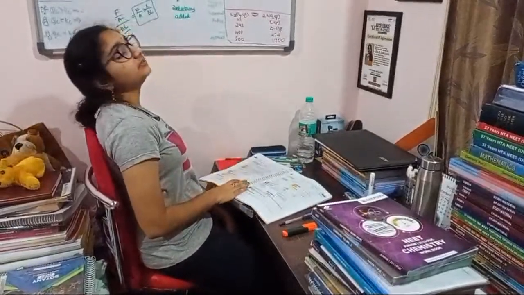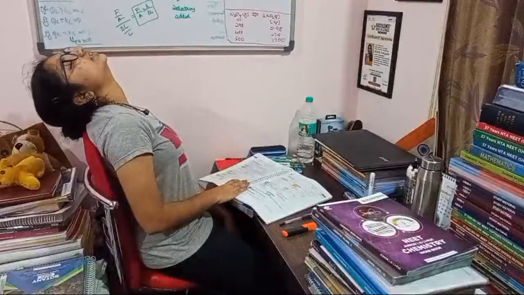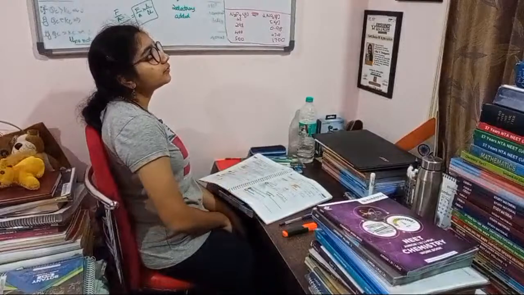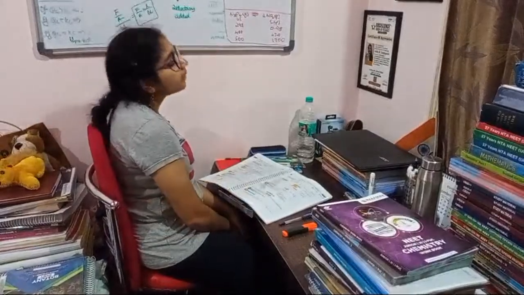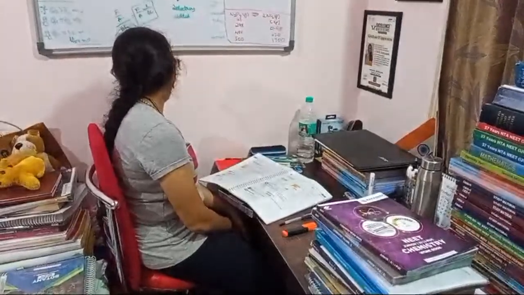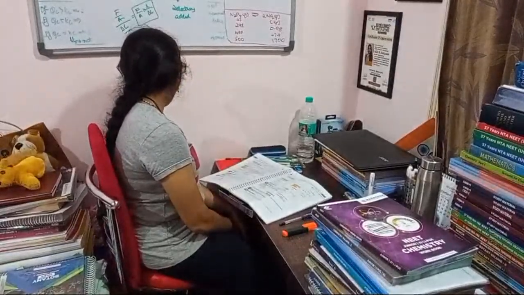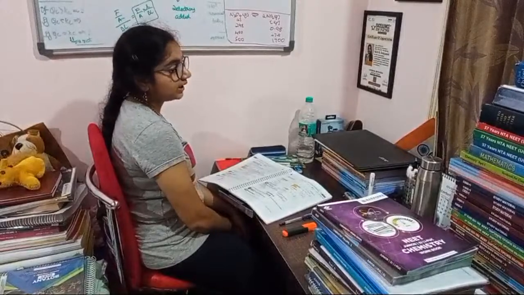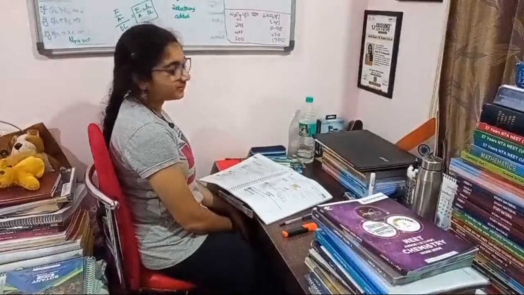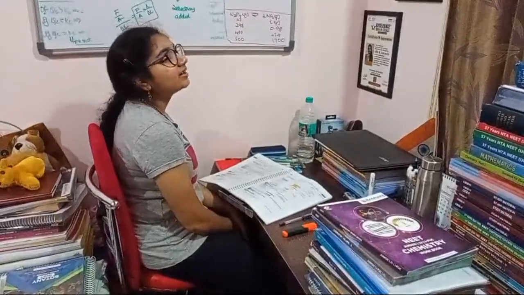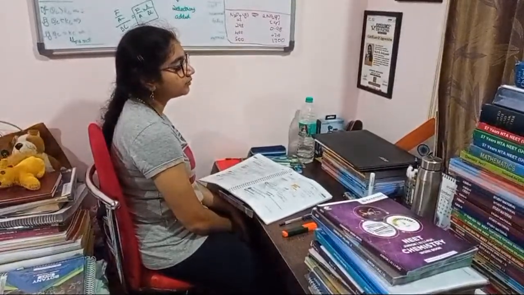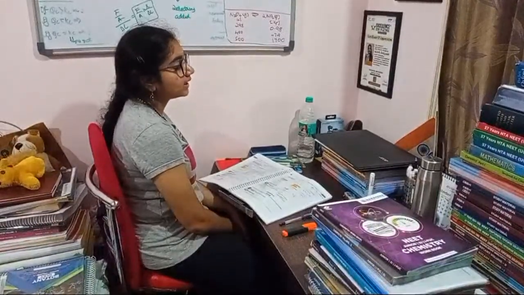So what all did we get done? First we started with mechanical properties of solids, then we came to system of particles and rotational motion, and then the other chapters, questions and formulas, oscillations, work, energy and power.